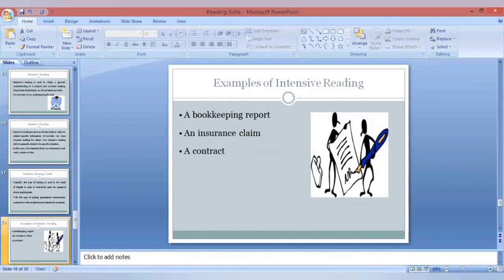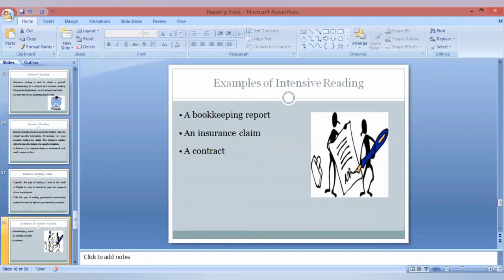Sometimes when you are doing a bargain with someone, you have to sign a contract. So before signing a contract, or before buying an insurance claim, it is important that you read each and every clause in it, which is mostly written in very minute font.